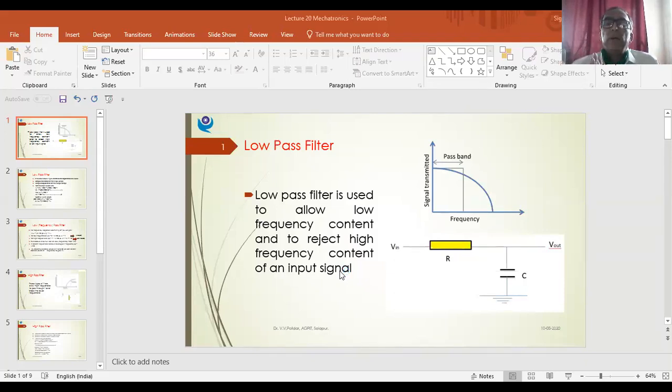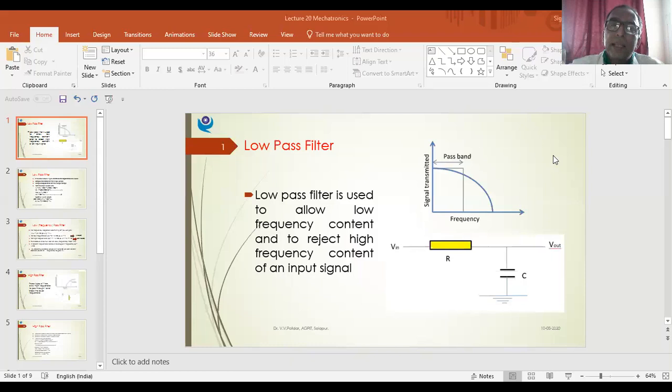So what I want is that a certain band of frequencies I want to avoid. I don't want the signal having higher frequencies. This is my requirement. So what I do is I allow only lower frequencies, the signals with lower frequencies alone, to pass on to the actuator or controller, and other higher frequencies I just eliminate, I drop. So I build such a circuit that only low frequencies are allowed. This is called a low pass filter or low frequency pass filter.